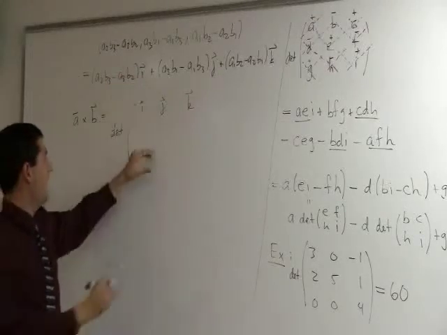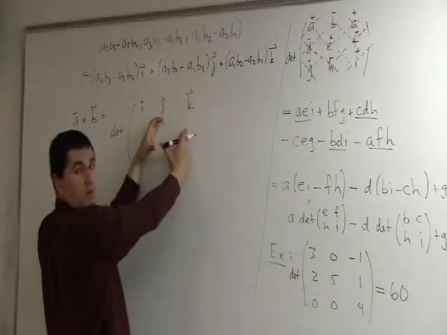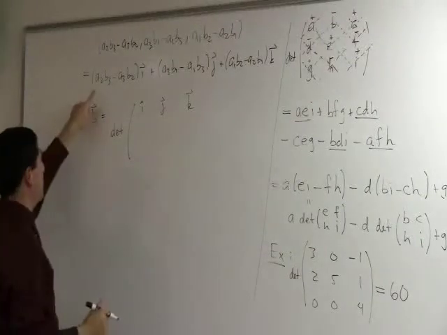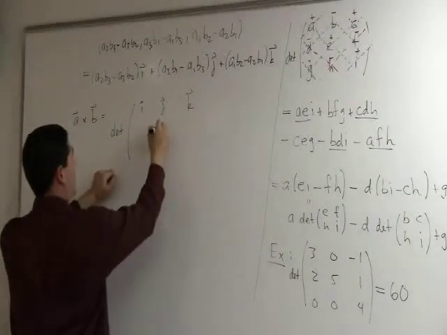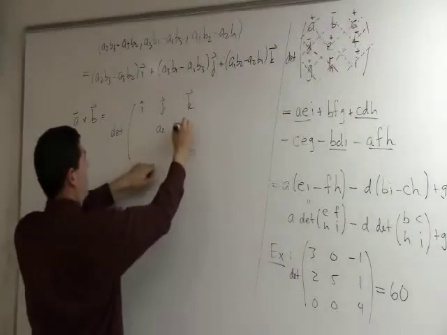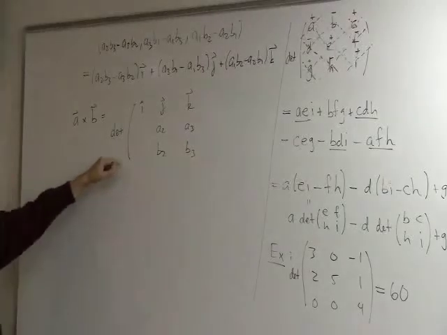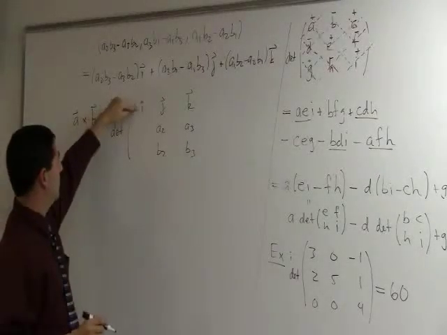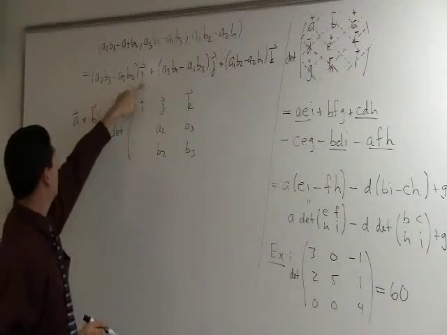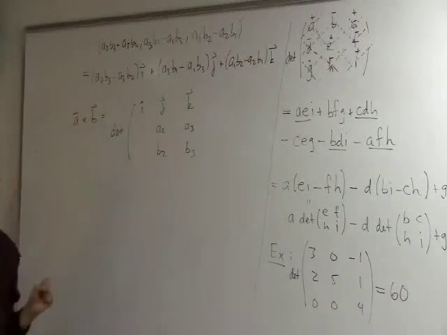So it should be I times, well, let's see, you'd kill that row and column, so it should be the determinant of this matrix. So that means it should be A2B3 minus A3B2. So it's I times the determinant of this little 2 by 2 matrix.